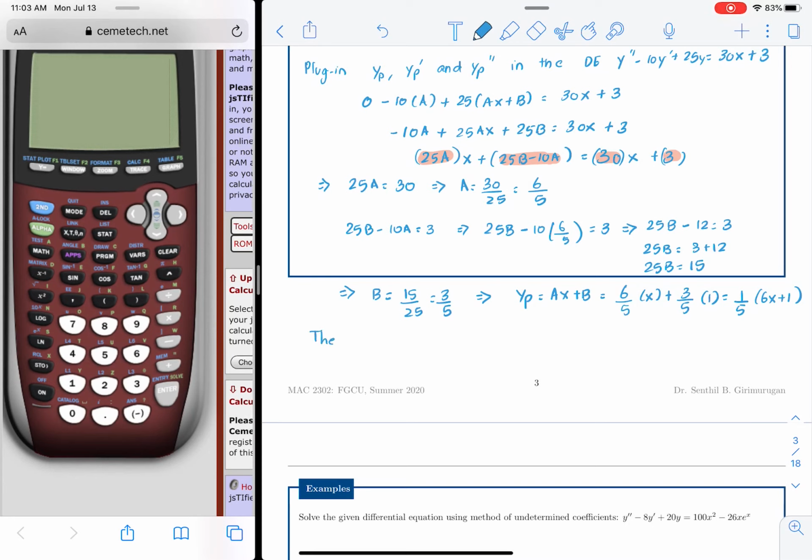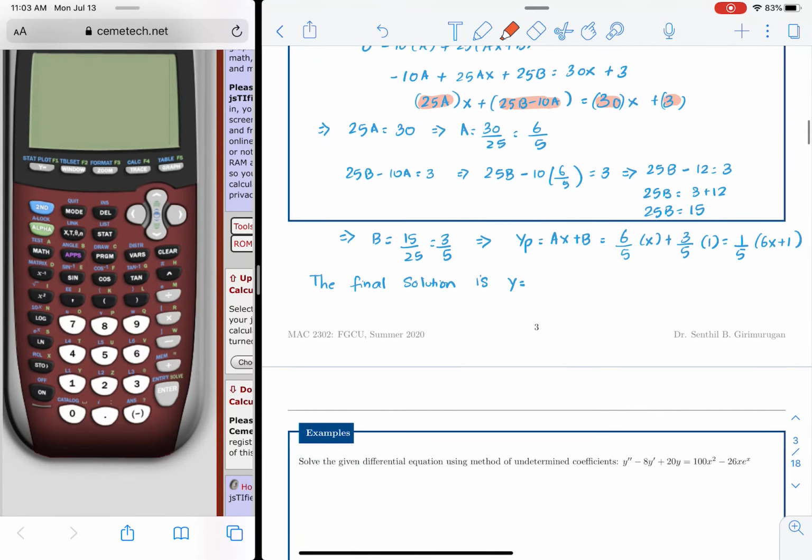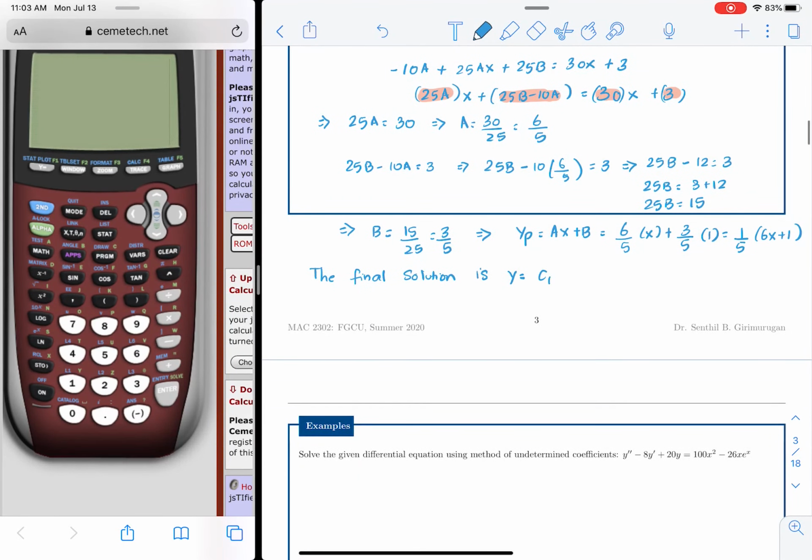So the final solution is y equals yc, which we found earlier, plus the yp that we just found, 1 over 5 times 6x plus 3. And that is the answer.